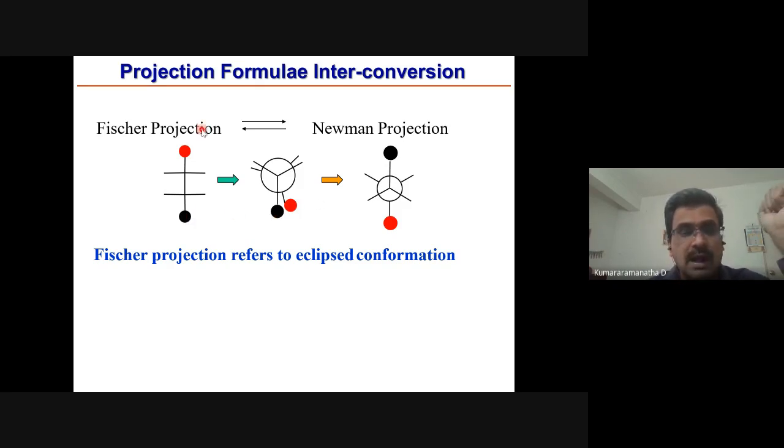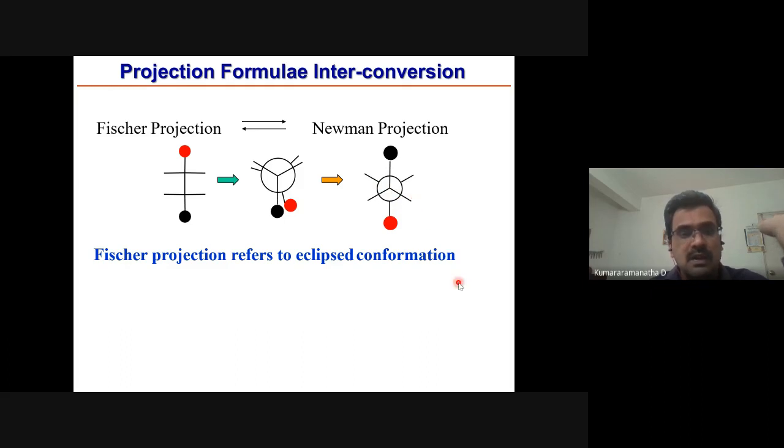So now the black and red functional groups are the ones facing away from you. And if you want to make a Newman projection, you convert the eclipsed into a staggered conformation. So you can see that is the front carbon, and accordingly the rear carbon.